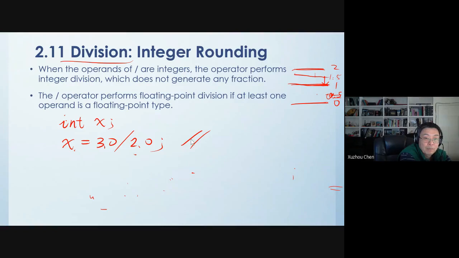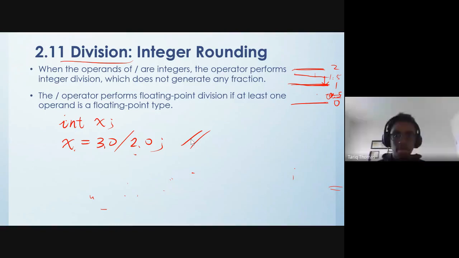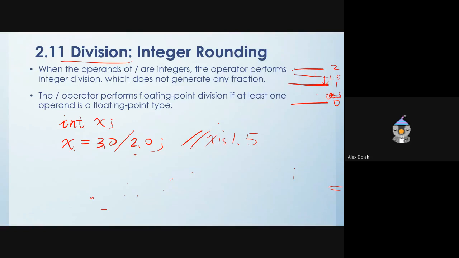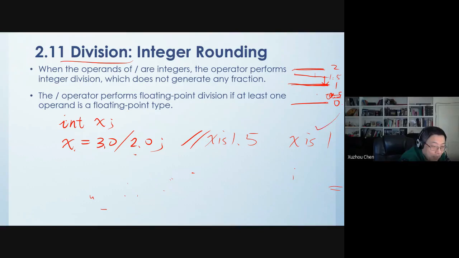1.5. The value would be 1 because it's an int. Yeah, the answer is this.